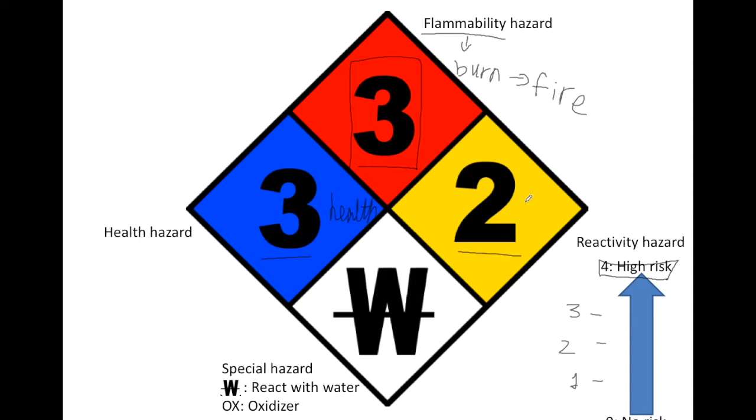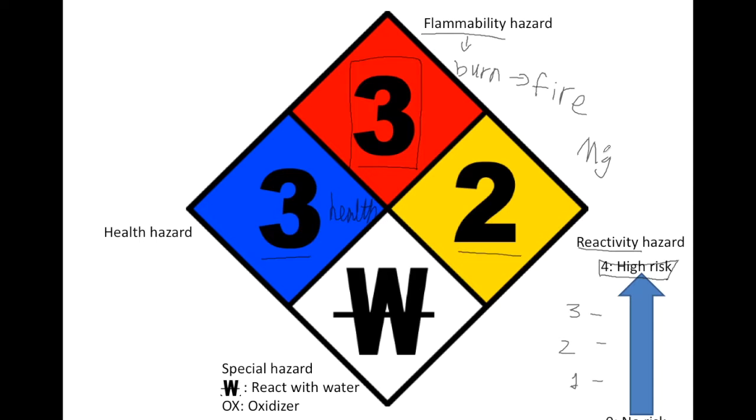This is the reactivity hazard here. Reactivity just means whether it will react with other elements or not. For example, if we burn an element, say magnesium, when it burns, it'll emit light.